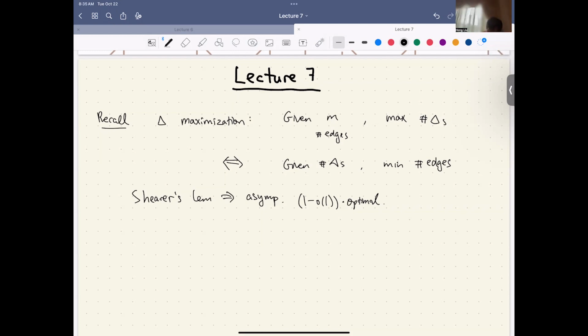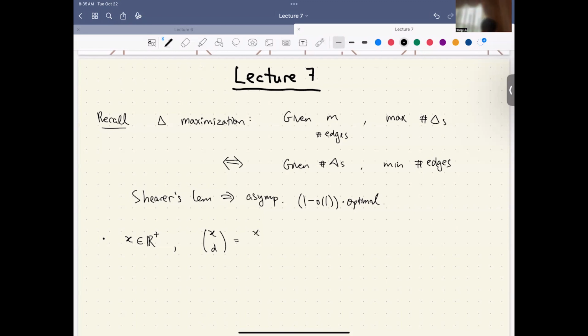So first, one piece of notation. If x is a real number, then we can also define the binomial coefficient x choose d, let's say, as we define it for the normal binomial coefficient.